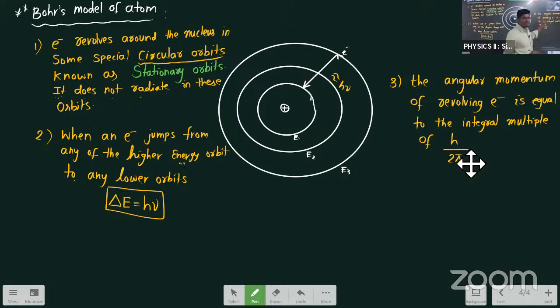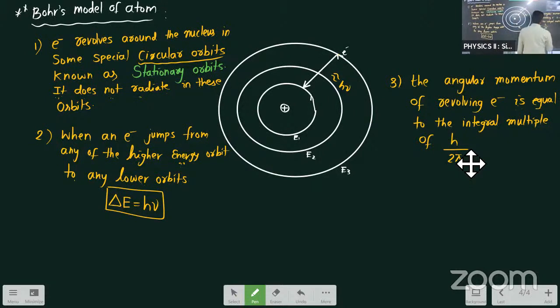Or you can also state the third postulate as: the angular momentum of the revolving electron is quantized. You can write either this statement or that statement. The angular momentum of the revolving electron is equal to an integral multiple of h by 2 pi. Otherwise, the angular momentum of the revolving electron is quantized.